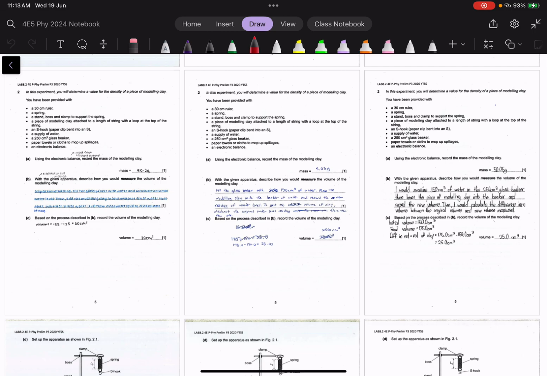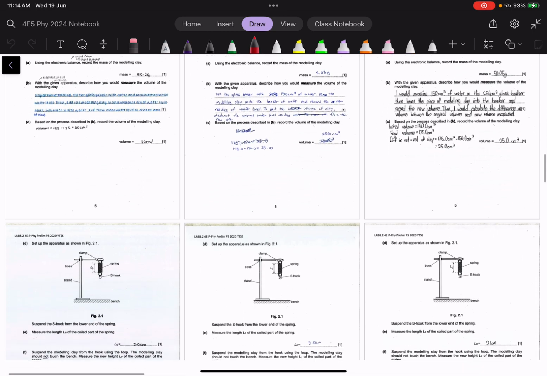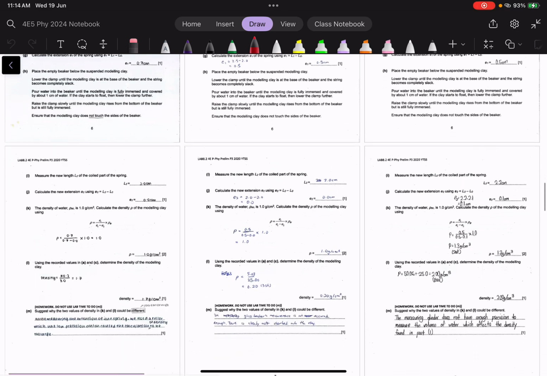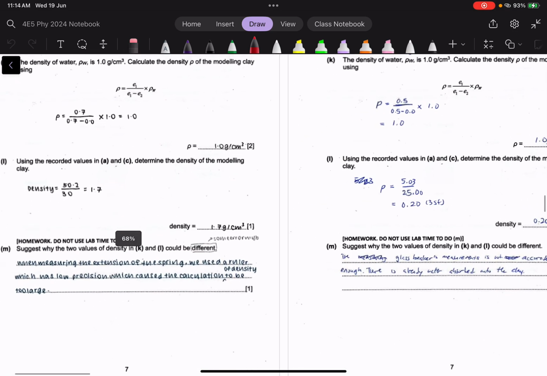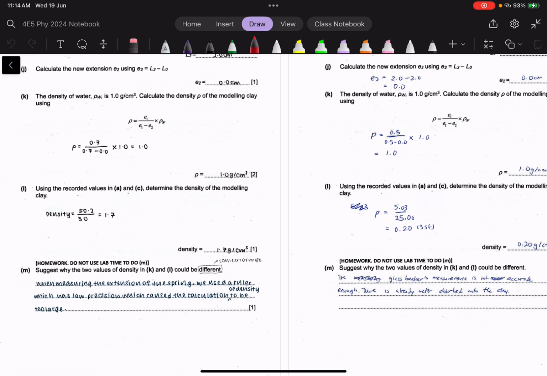When I approach question 2, the first thing is I always want to find out exactly what constant I am finding. If you read through, you go to the last step, you will find that they are asking you about density. Here you can see that steps A to C will allow you to calculate density in one approach, and you get this.